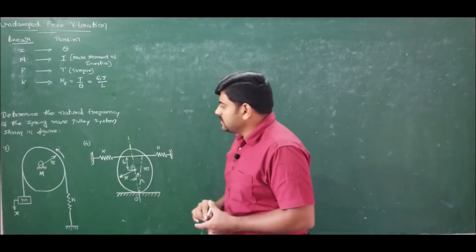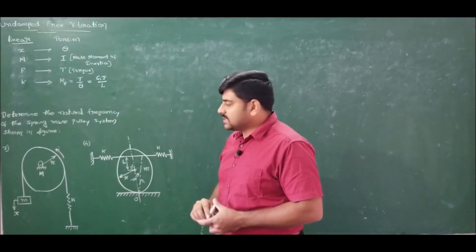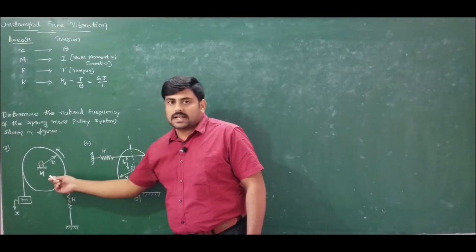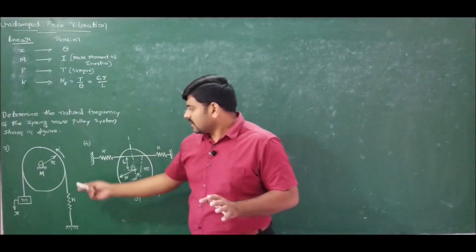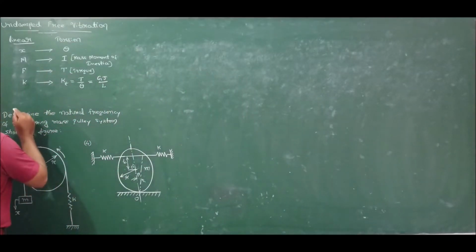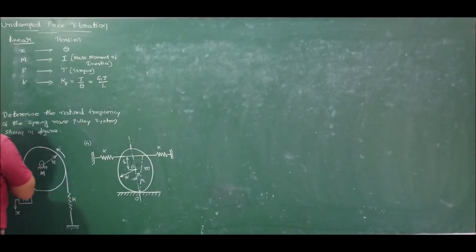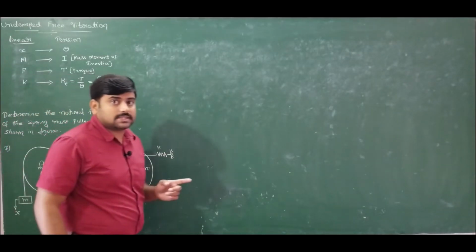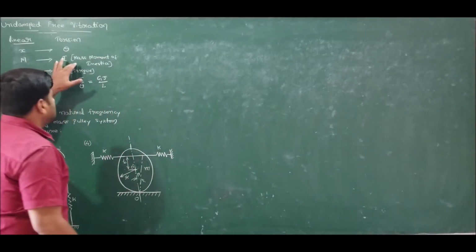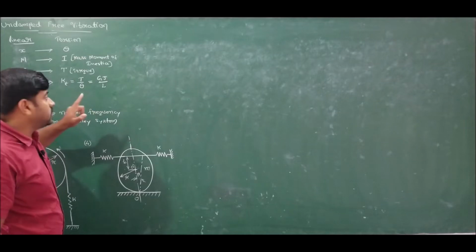If you carefully observe problem number 3, we have two masses. One is a small mass m, another is a capital mass M, which is the pulley. One more note: the area moment of inertia for a circle is pi d power 4 by 64. You already know this, but what we are using is mass moment of inertia, not area moment of inertia.